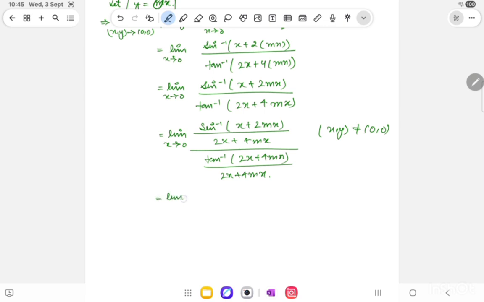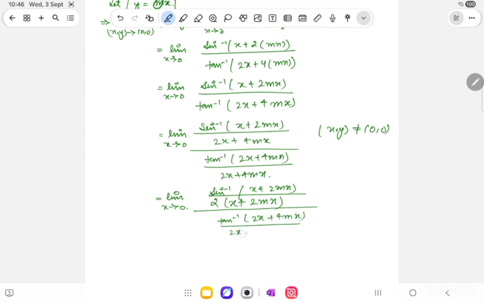So this term is basically equal to the limit as x approaches 0 of sin inverse of (x + 2mx) divided by (x + 2mx), into 1/2, divided by tan inverse of (2x + 4mx) upon (2x + 4mx).